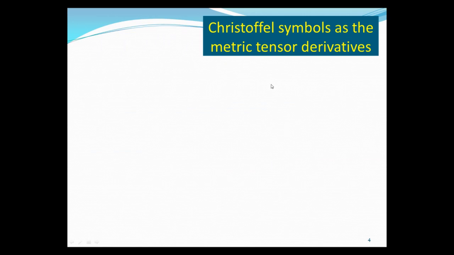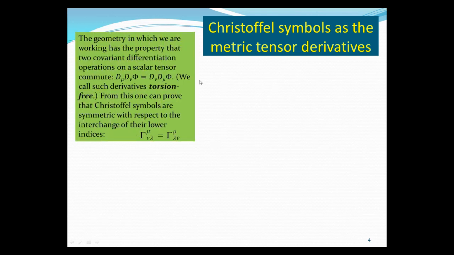So now we're going to show the Christoffel symbols are directly related to the derivative of the metric. To do that, we first want to say the geometry we'll be working with has the property that two covariant differentiations of a scalar function, first d nu then d mu, or d mu then d nu, give the same result.